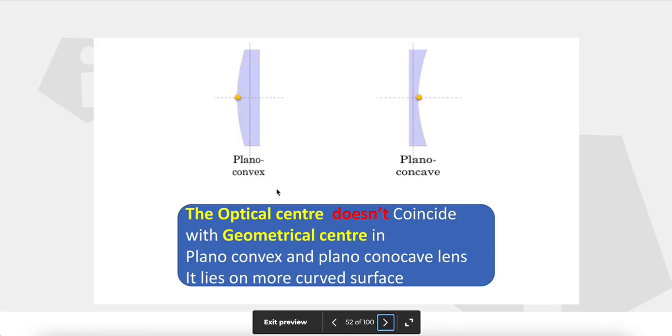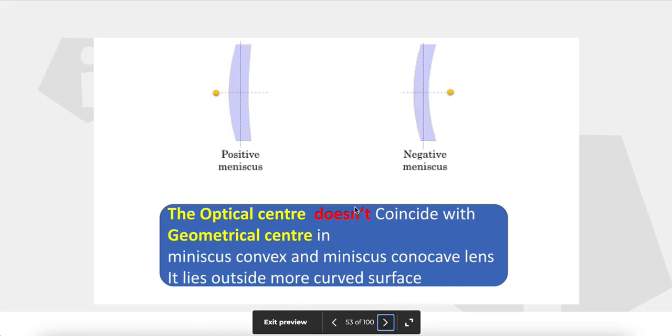It lies at the curved surface, the more curved surface. If we have a meniscus lens, either positive or negative, then the optical center doesn't coincide with the geometrical center, but lies outside, beyond the more curved surface. So the principal point doesn't always lie on the surface of the lens.